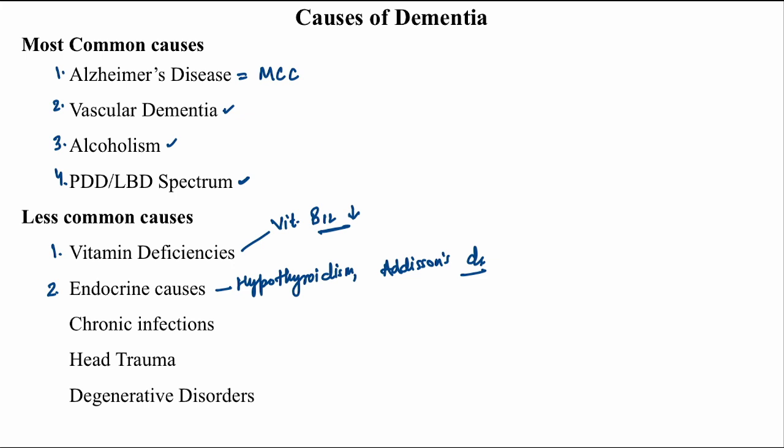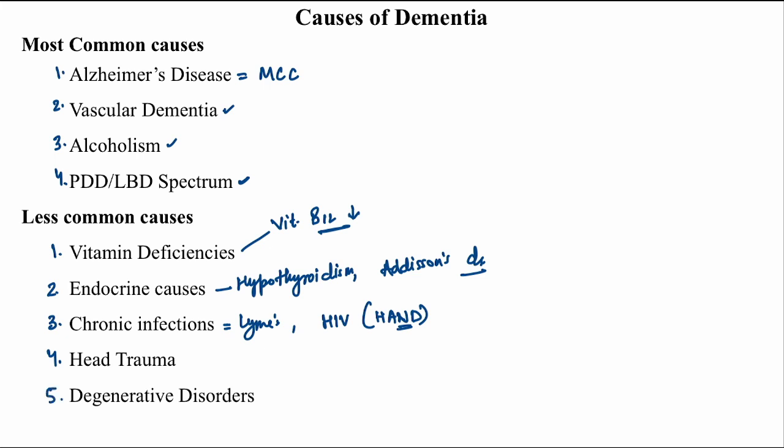These causes can also cause dementia. Chronic infections, Lyme's disease, right, or HIV. HIV causes HIV-associated neurocognitive disorder. Head trauma can also cause dementia.